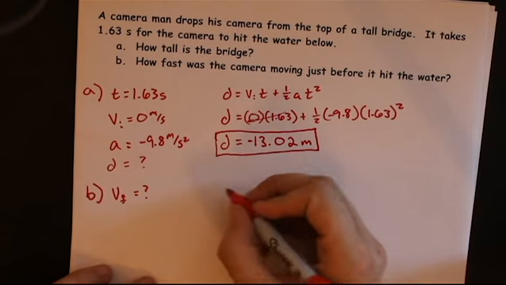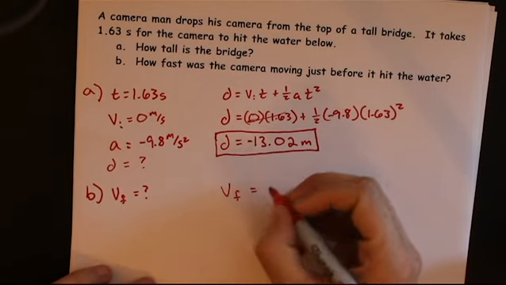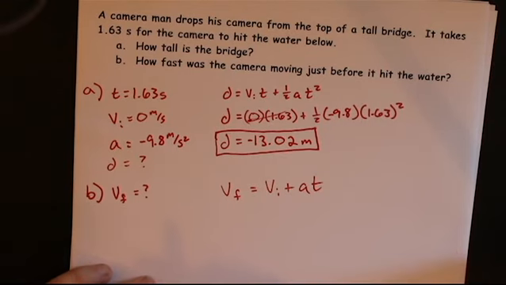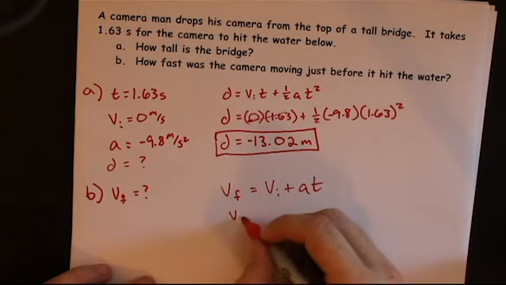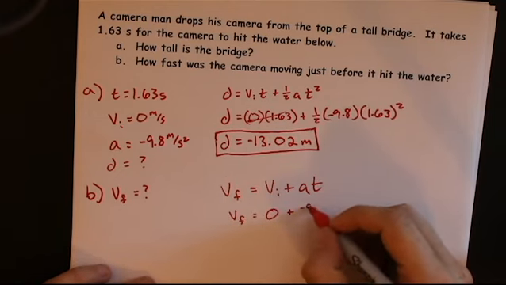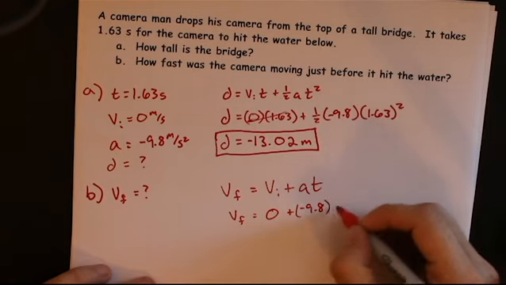So, my equation would be VF equals VI plus AT. And at this point, I'm just going to start plugging my numbers in. My initial velocity was 0, plus my acceleration, negative 9.8, and then my time was 1.63.